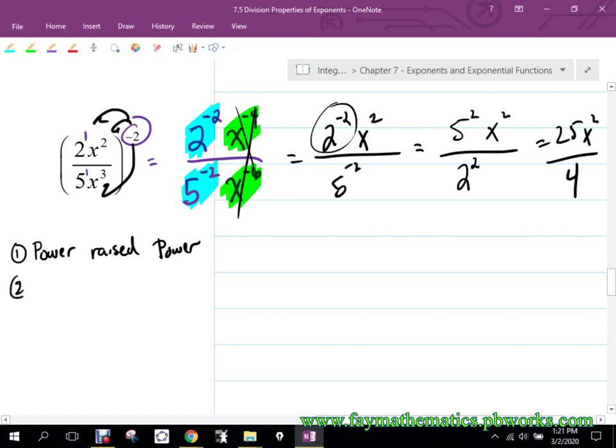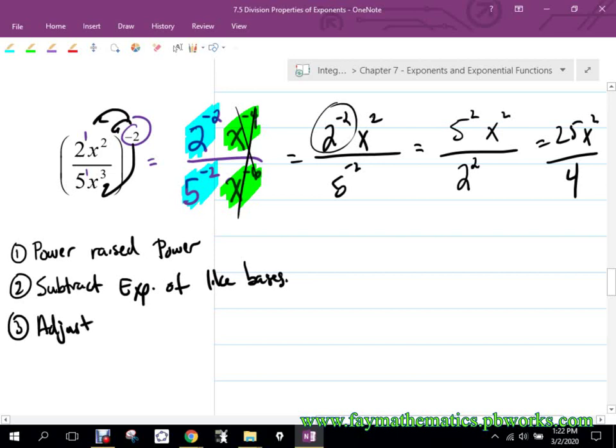The second thing I always do is subtract exponents of like bases. I always do that second. Third, then, I adjust if negative exponents exist.